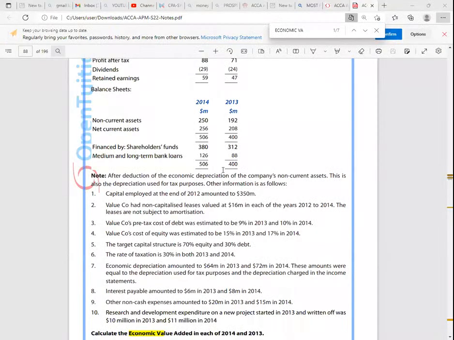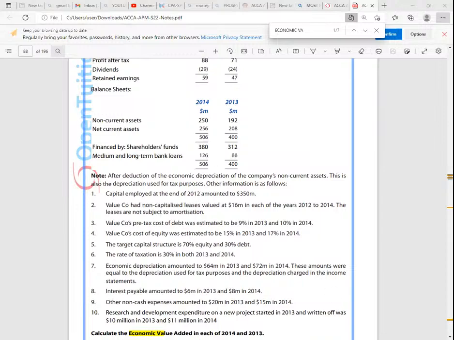These are the capital employed, because this is total assets less current liabilities. When they talk of net current assets, already they have subtracted the current liability. So whatever we have here is the capital employed, but now at the end of the years. And you want capital employed at the beginning of these years.